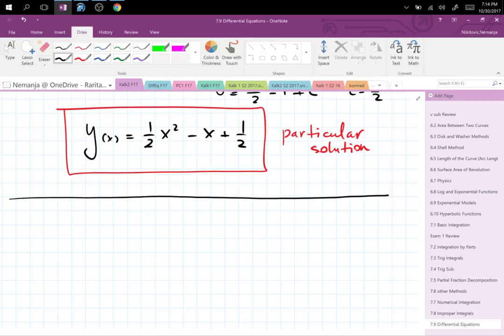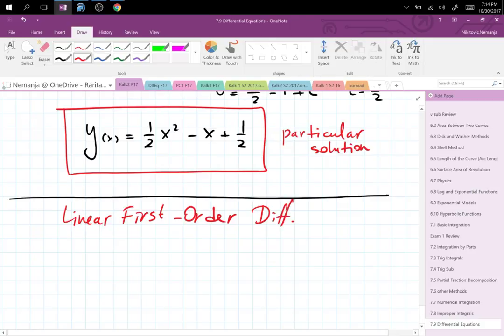There are three more things I want to do, but the last definition would be the linear first order differential equation. I have to steal their letters. There we go. So now, what is the linear first order differential equation?